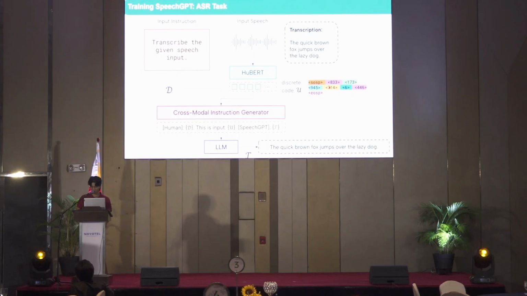These discrete codes consist of integer tokens wrapped by start and end of speech tokens. This discrete code is appended to the input instruction, and the concatenated sequence is passed to the cross-modal instruction generator, and the final instruction is fed to the LLM to generate the transcription.